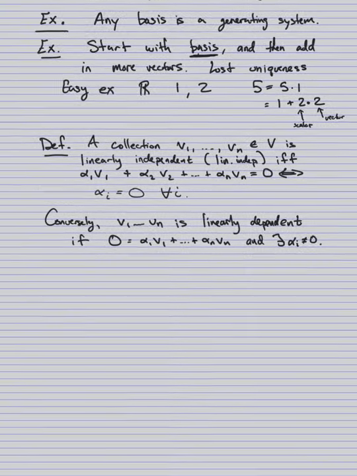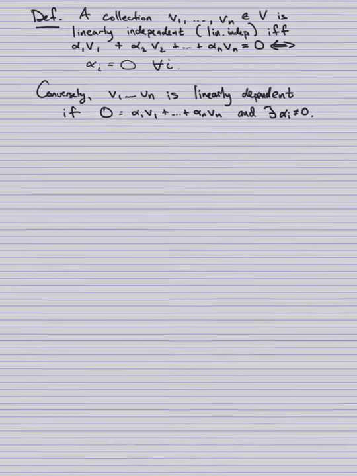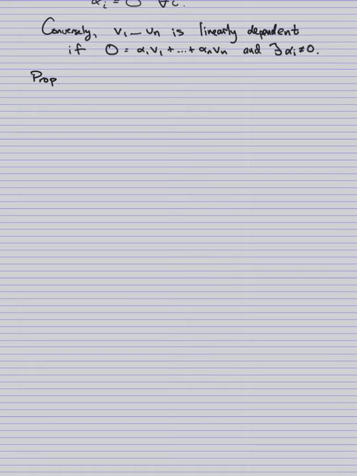Okay, so let me give a proposition now. If you have a collection which is linearly dependent, then we can write one of the terms, so there exists some v sub k in this collection, equal to a linear combination of the other ones: the sum over i not equal to k, i equals 1 to n, of alpha i v sub i.